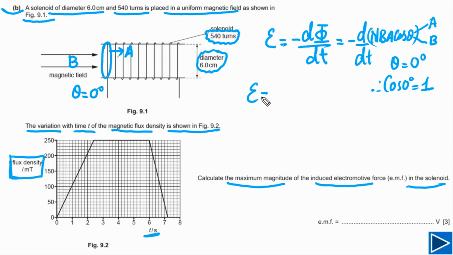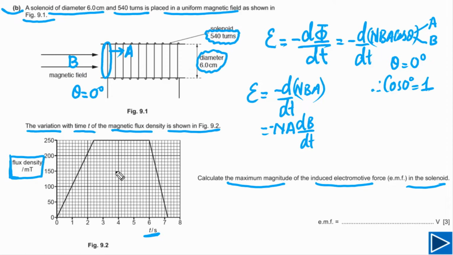Then we can write down EMF induced is equal to negative d by dt times NBA. But for this question, N is constant, meaning the coil has a fixed number of turns, and the cross-sectional area of the coil is also fixed. So these two are constant, so we can take them out. So we have negative NA times d by dt of B. We need to calculate dB by dt.